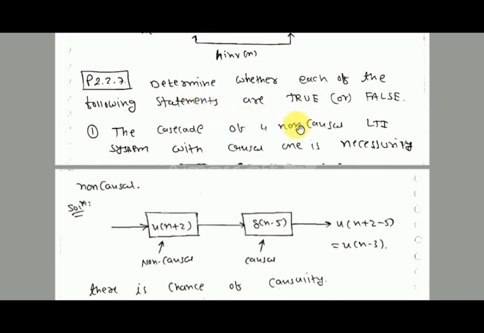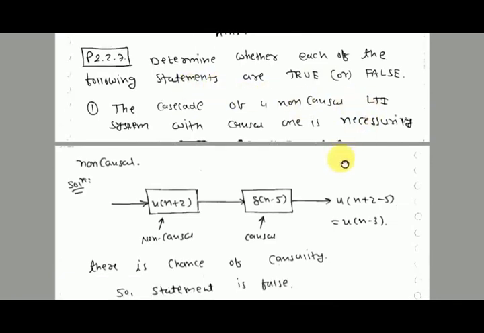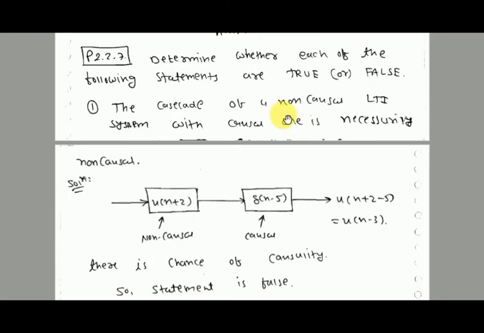Determine whether each of the following statements is true or false. The cascade of a non-causal LTI system with a causal one is necessarily non-causal.